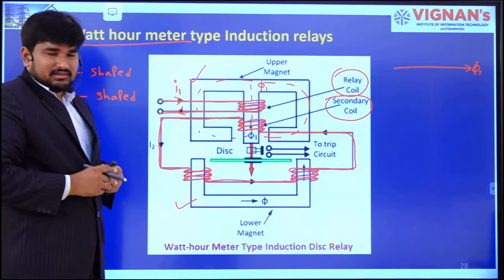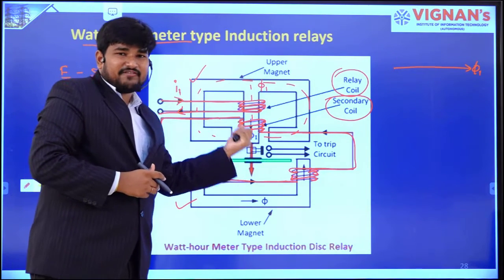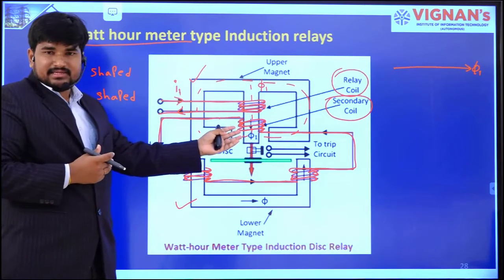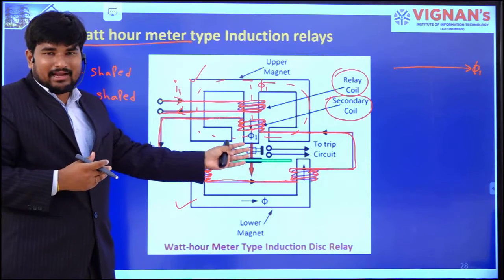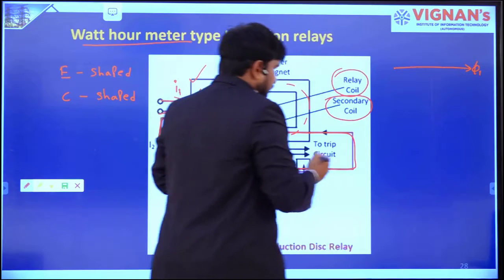Whenever the flux is cut by the secondary coil, an EMF is induced inside it.